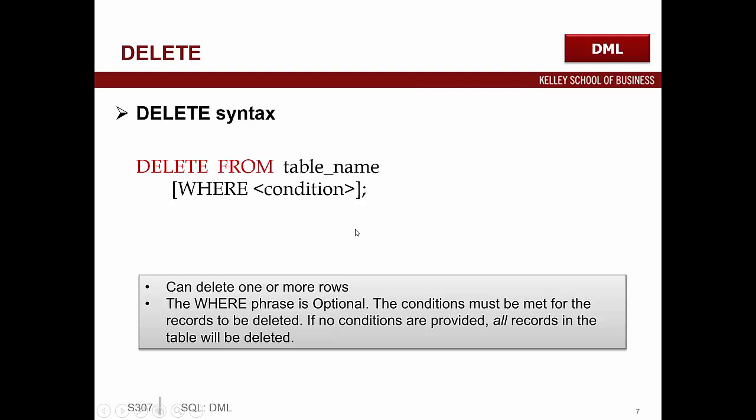So similar to the update command, the delete command also includes a where phrase. So the where phrase is again optional, and the conditions must be satisfied for the records to be deleted. If you don't have a where condition provided, that means all the records in the table will be deleted.